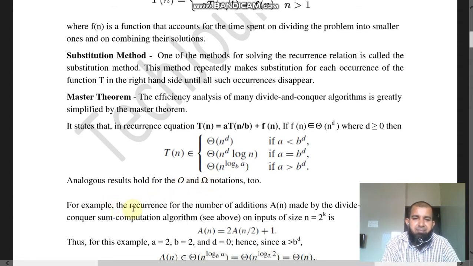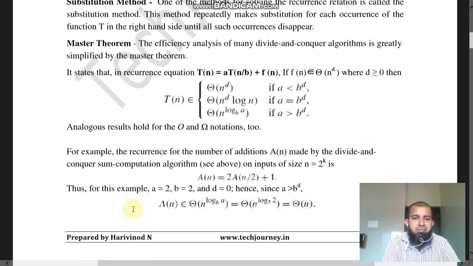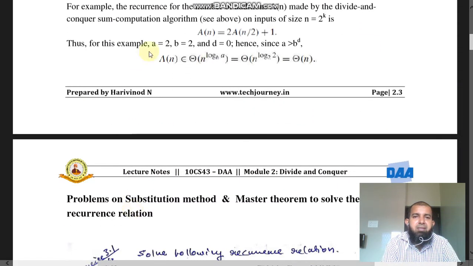For example, the recurrence for the number of additions A(n) made by the divide and conquer algorithm on input size n equal to a power of 2 is, the recurrence equation is A(n) = 2A(n/2) + 1.